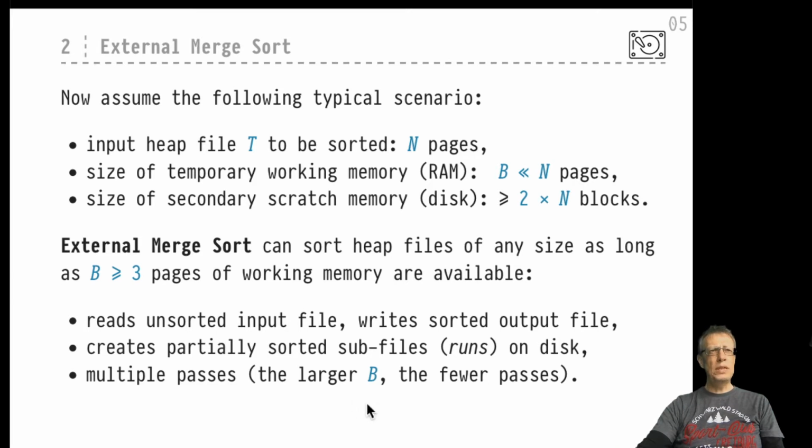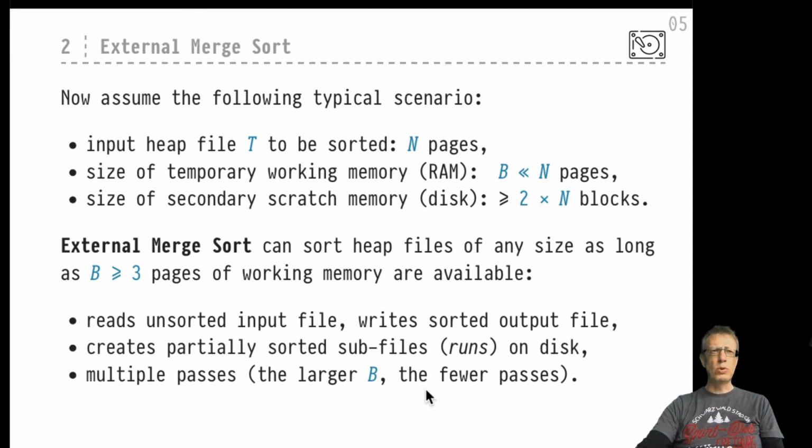The larger B, the more working memory we have available, the fewer passes we will need, the fewer intermediate temporary results we have to write. These temporary results are called runs, and they are held on disk. And of course, this means writing runs, and reading runs again means disk I/O.